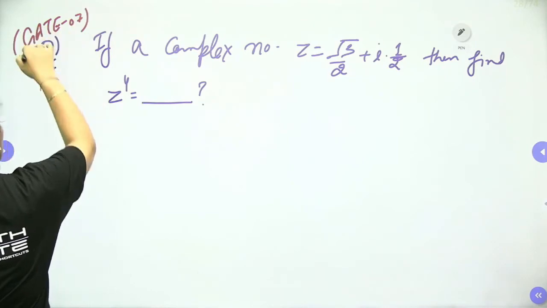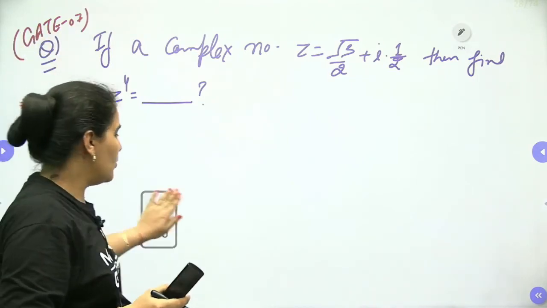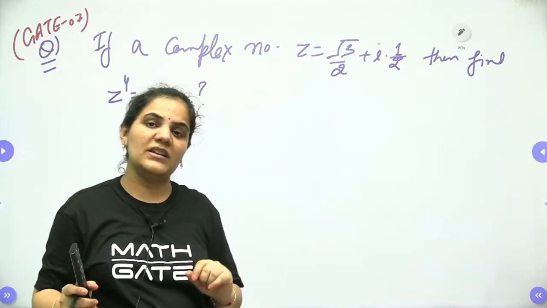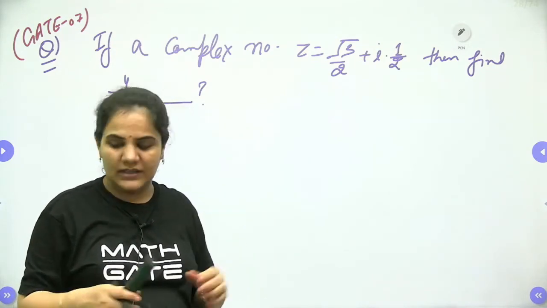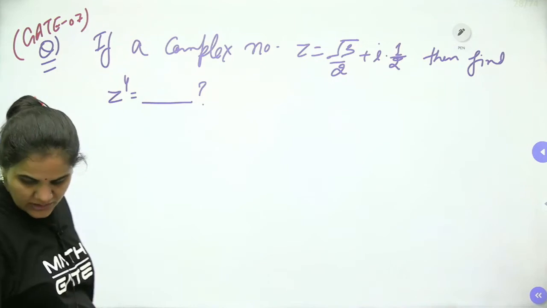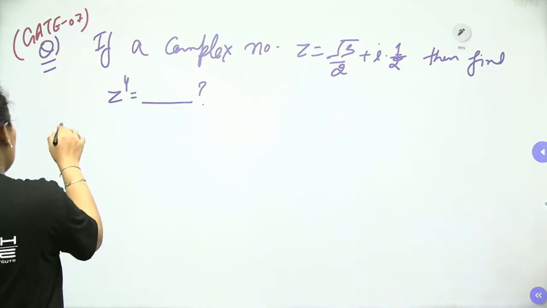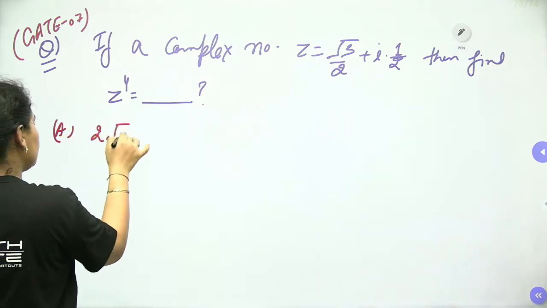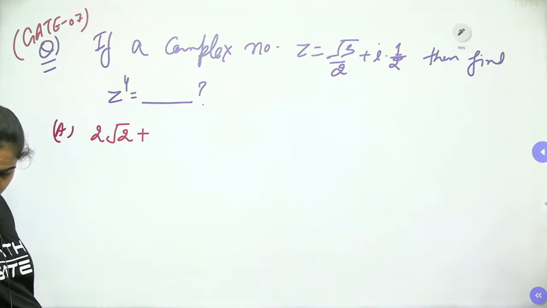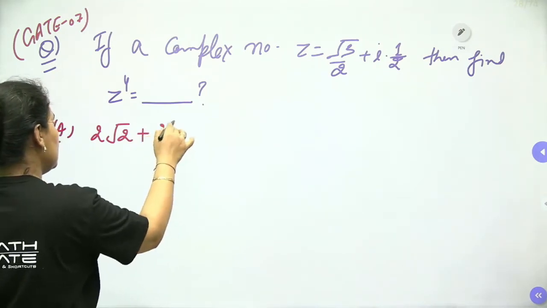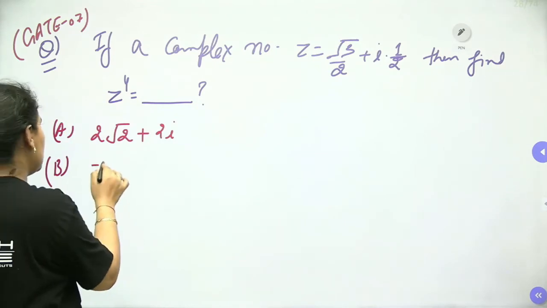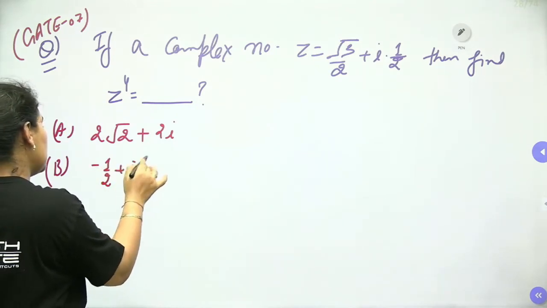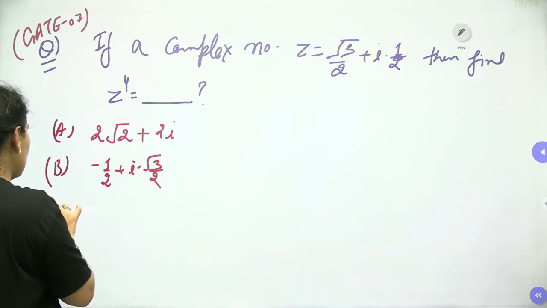After these few questions, you can feel that you can approach each and every question of complex variables, complex numbers, and the basics of complex numbers very easily, right? So let me write down the options here. The options are: 2 root 2 plus 2 iota. The second one is minus 1 by 2 plus iota into root 3 by 2.